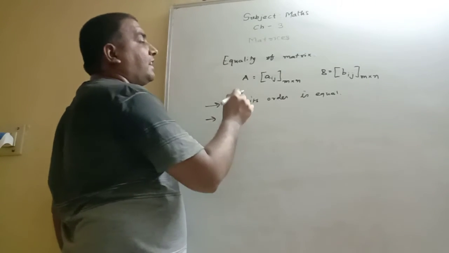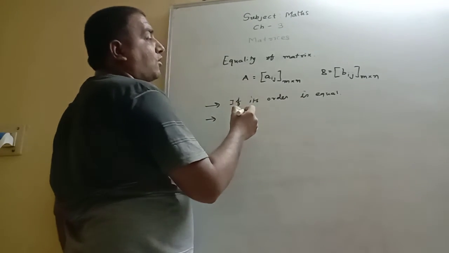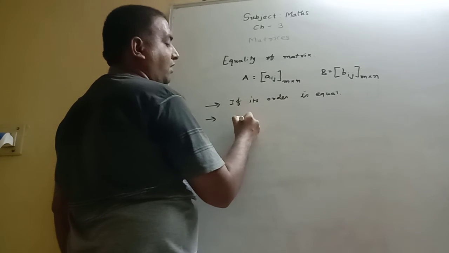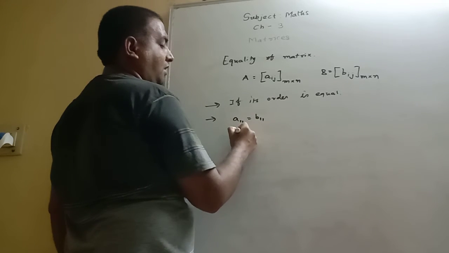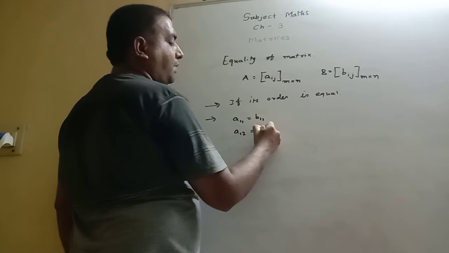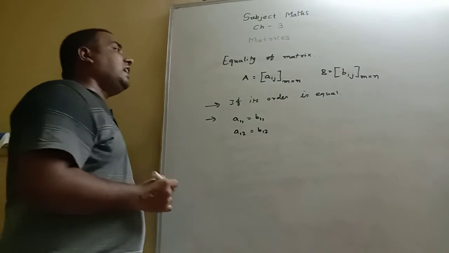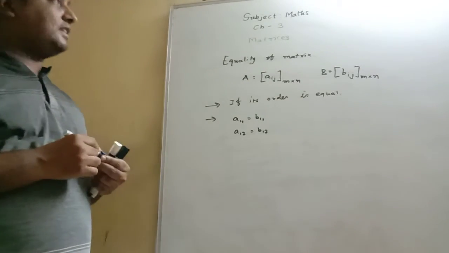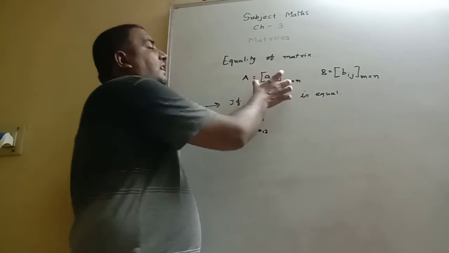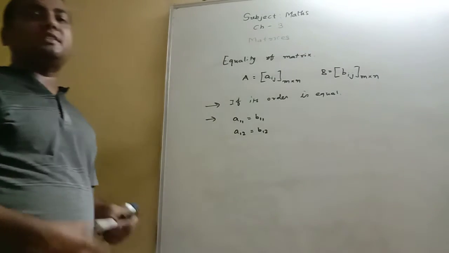Second, each entry must be equal to the corresponding entry. That means A11 equals B11, A12 equals B12, and in that way. Then we can say that two matrices are equal. So to check that two matrices are equal, we have to check that their order and their elements are equal.